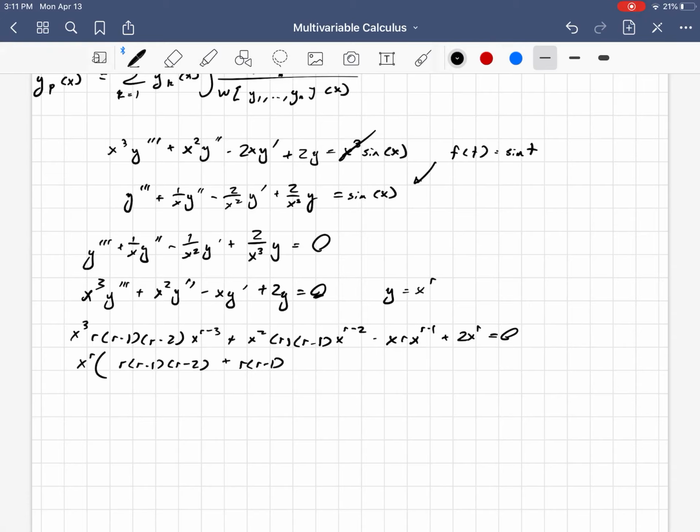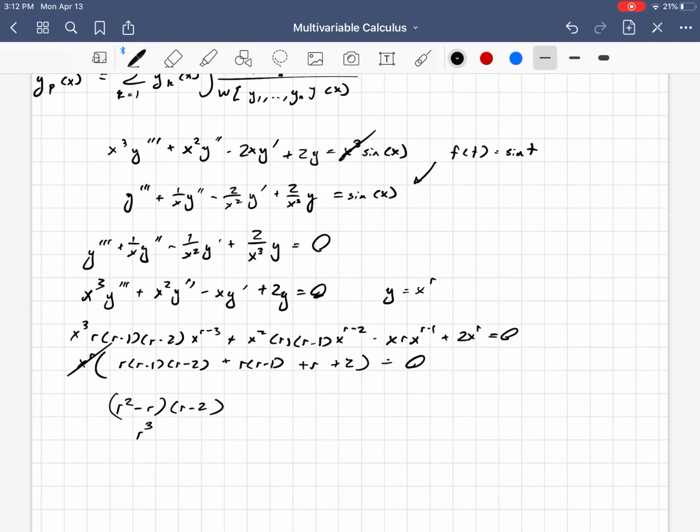So x to the r times [r(r minus 1)(r minus 2) plus r(r minus 1) minus r plus 2] equals 0.